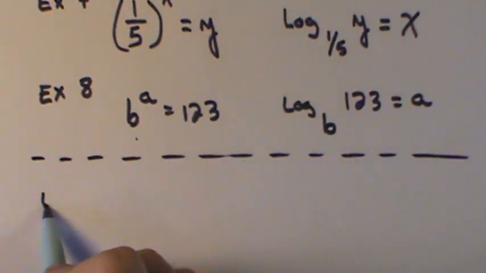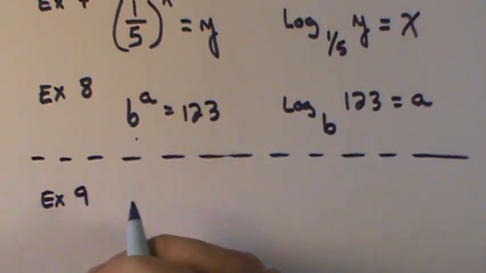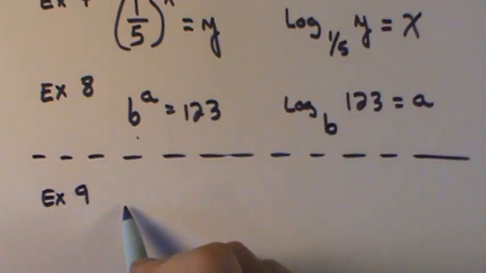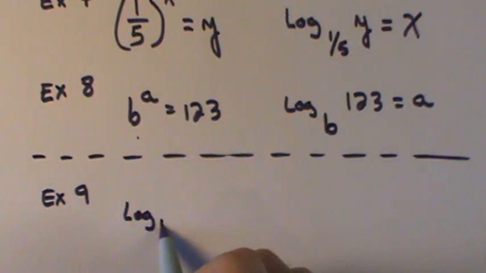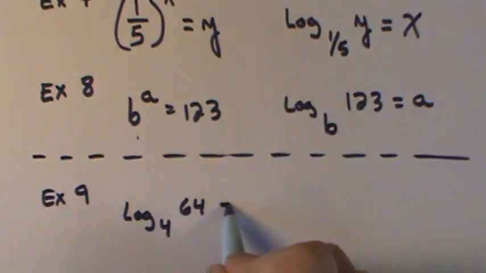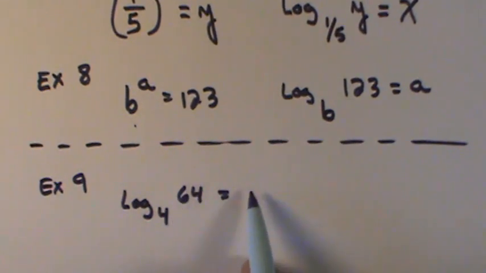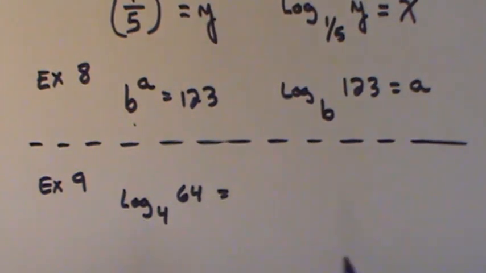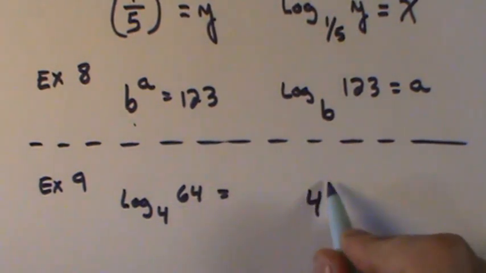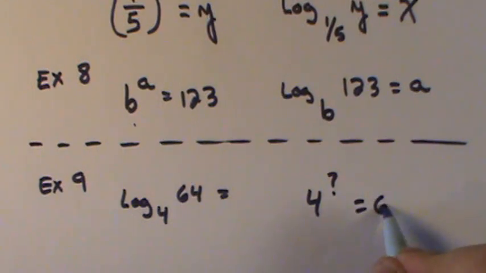So example 9, it says log base 4 of 64 equals, and then that's your question mark. They want you to fill out this. So as you learn how to read this, you would say 4 raised to what power is 64? That's what you have to ask yourself. 4 squared is 64?